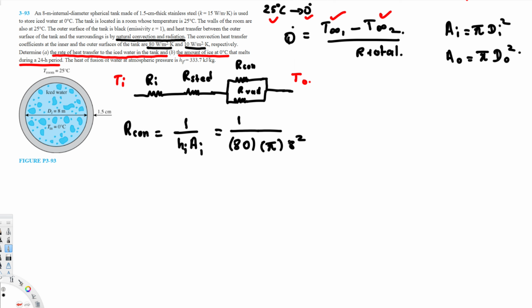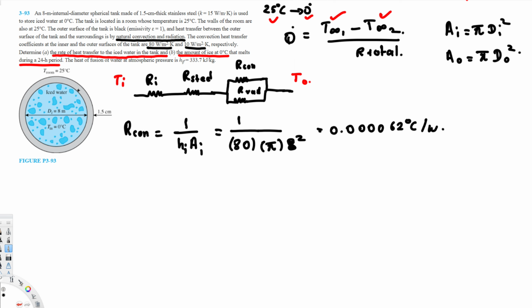Here we are calculating the inner surface area. If you plug all the values in the calculator, you will get 0.000062 degrees Celsius per watt. So that's going to be the R convection inside.